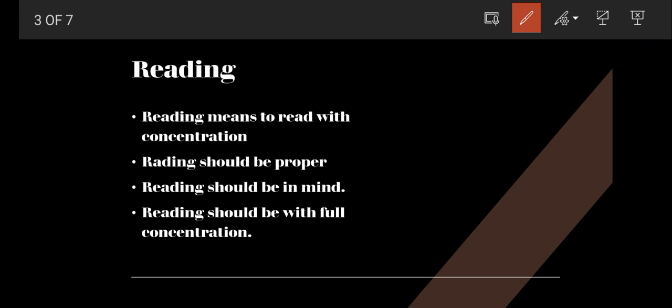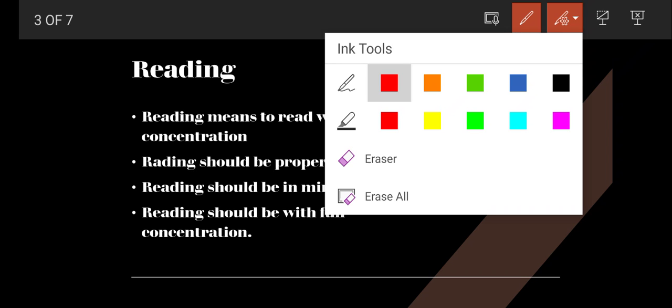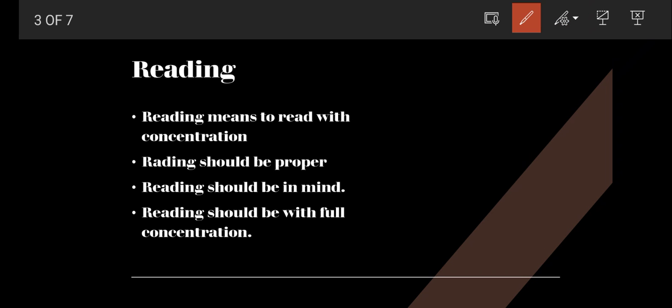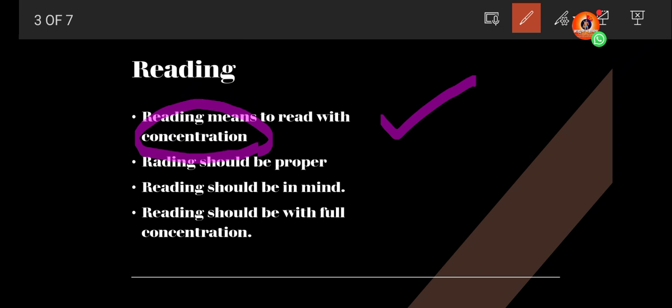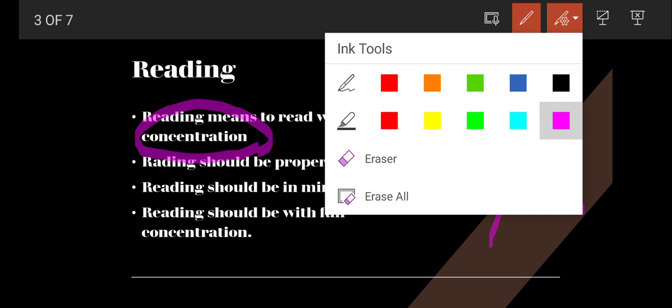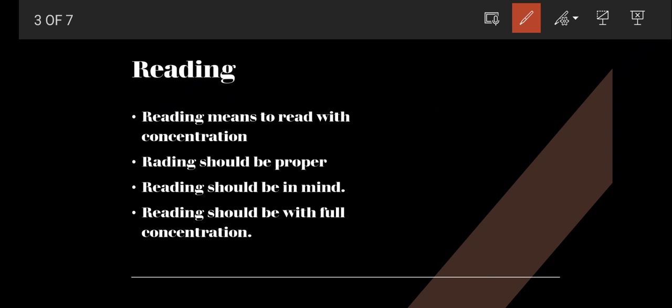But that reading should be proper. Proper means what? At the time of reading, you have to do proper concentration. That means आपका concentration reading के वक्त बहुत ज़रूरी है. If you have no concentration, then that reading has no meaning. So always remember, read with concentration.